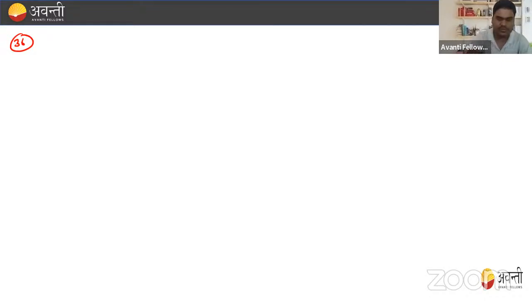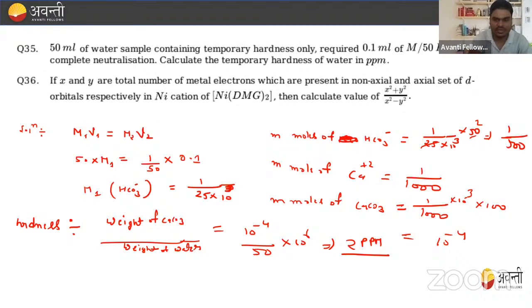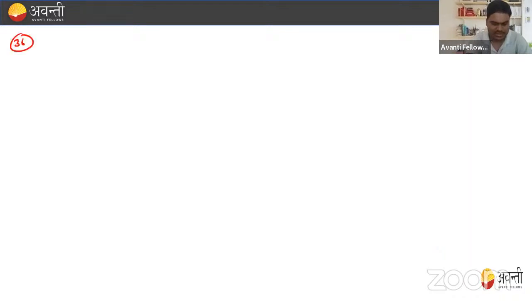How will it come out? We know that in the case of Ni(DMG)2, they are talking about non-axial and axial. So the idea here is x square plus y square divided by x square minus y square.